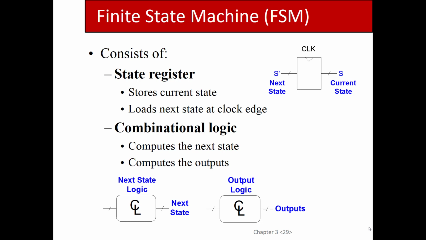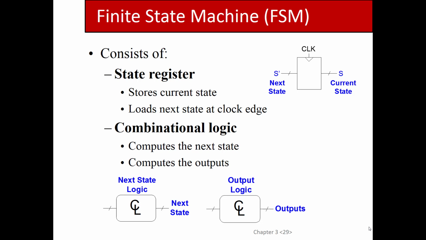There is the register, or the flip-flops, right? This is the state register that has the clock and usually a reset as well. And that's it. It's just the memory part. Then there's the next state logic, which is combinational logic, and the output logic, which is also combinational logic. So there's no clock involved in the next state logic or the output logic.